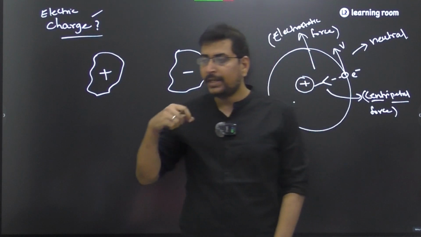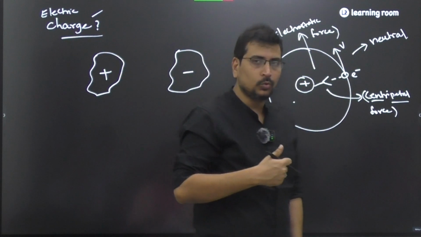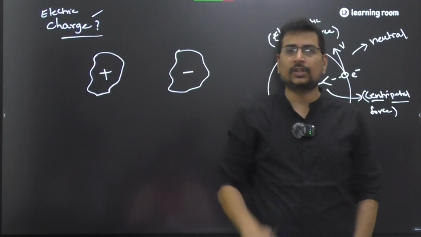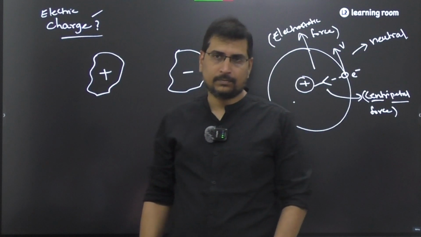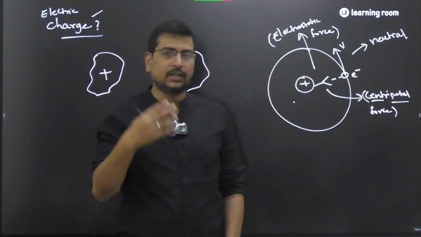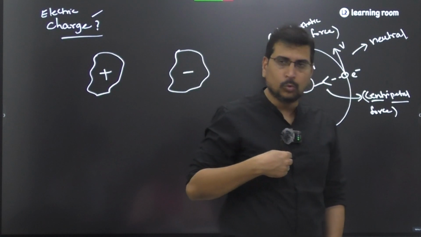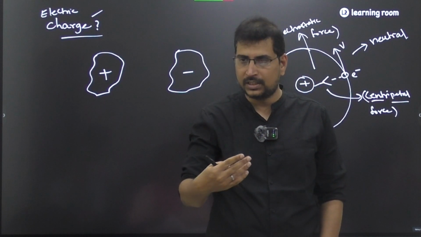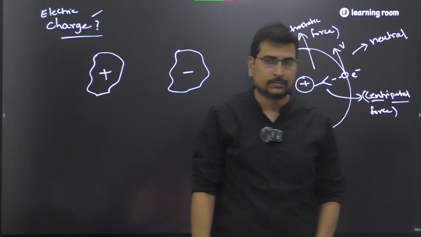Now we need to think of a question. If at all I need to make an atom get charged, is it possible for me to give positive charge to that material or remove negative charge from that material? I want a material to get positively charged. Is it possible for me to give more positive charge? When I say more positive charge, I am trying to increase the number of protons within the nucleus.